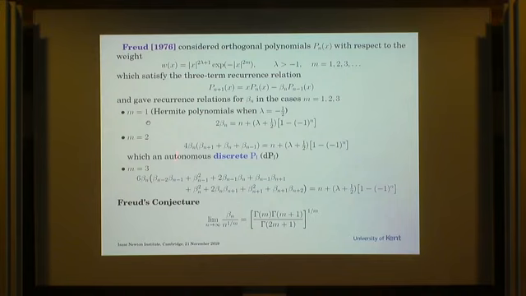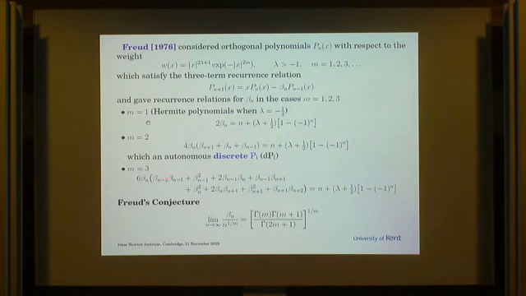For m equals 1, which is a generalization of the Hermite. For m equal to 2, we get this discrete equation here, which is an autonomous discrete Painlevé equation. I'll say a bit more about that. And for m equal to 3, you've got this fourth order, third degree difference equation.